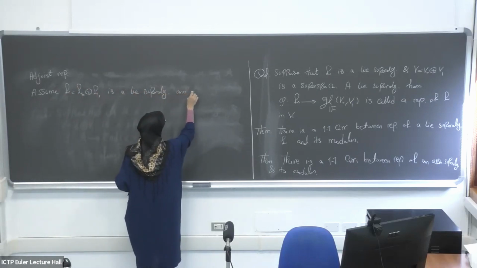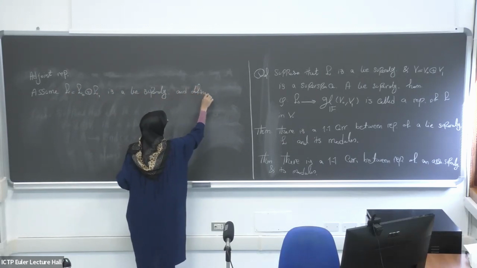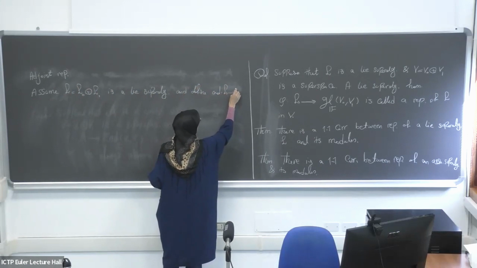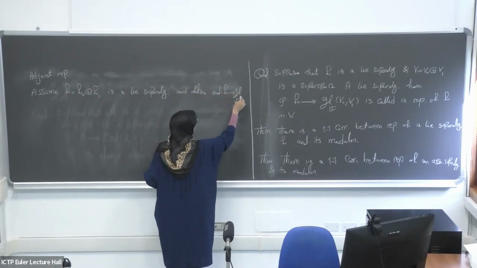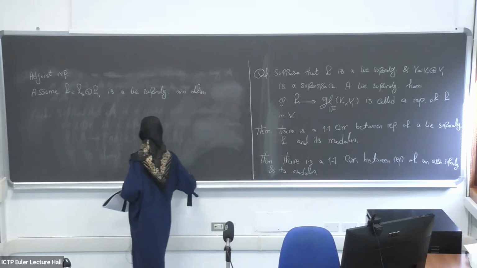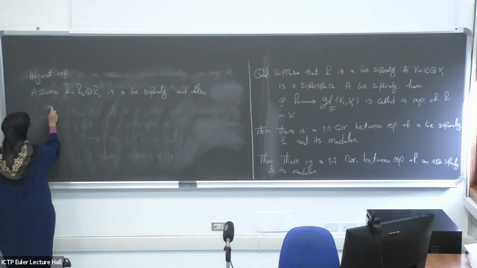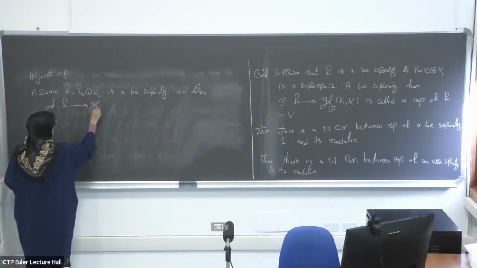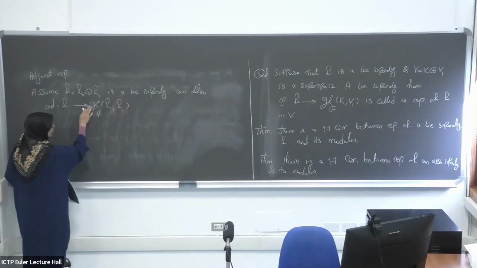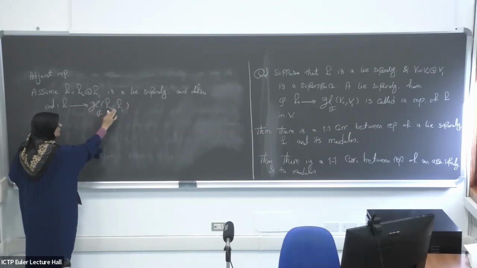Define the map ad from L to GL_F(L0, L1). Look at this GL_F(L0, L1).